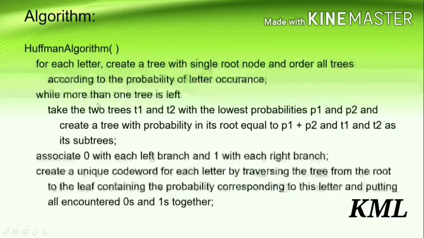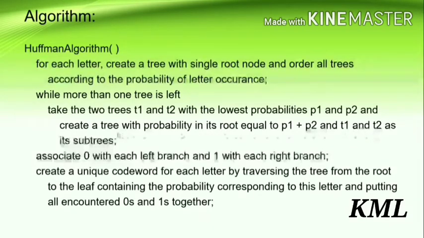Then you have to take the two minimum probability trees and add them together and create one new node as the root, and its value will be equal to the sum of the probabilities of those two trees.